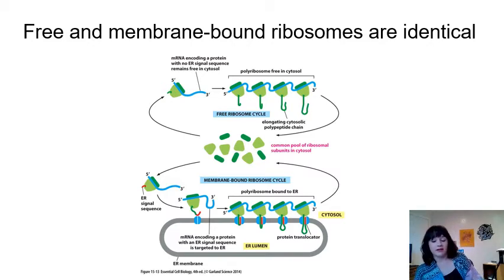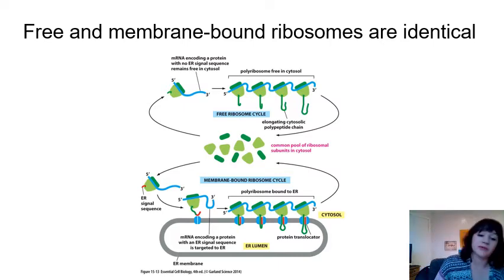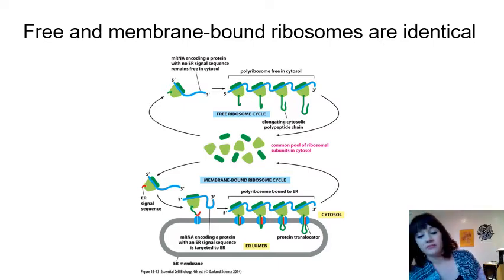And once it's done that, only then will it continue to make that protein. Another thing that this figure demonstrates is that you can have the same messenger RNA be synthesized into protein multiple times, right? You can have multiple ribosomes traveling along a single messenger RNA strand, which is pretty cool.